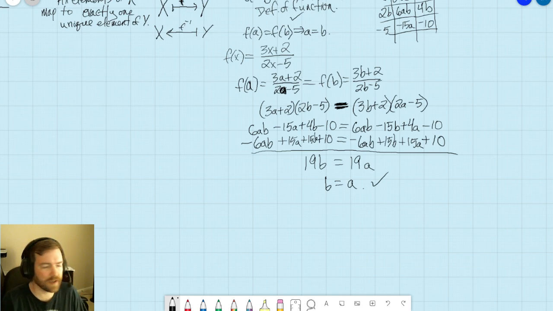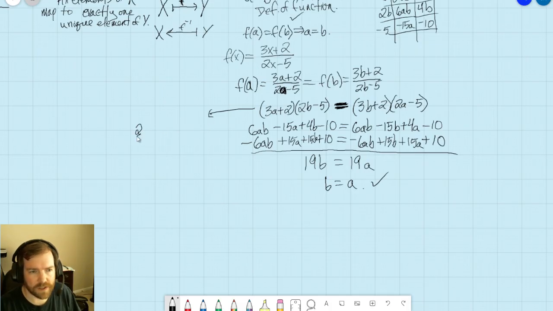So yeah, Rusty, you can go either way with it. I tend to take the first thing and multiply it through. Like I said, I tend to say this is going to be 3a plus 2 being distributed in, so multiply by 2b.